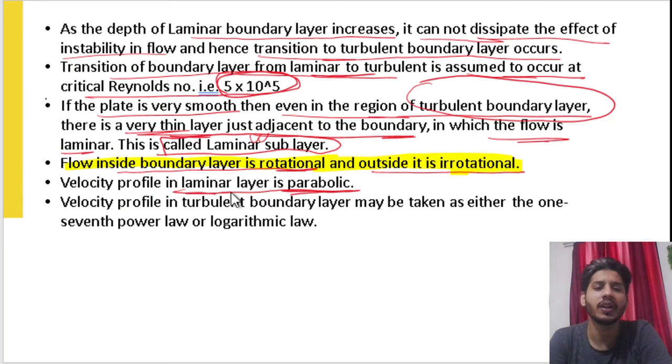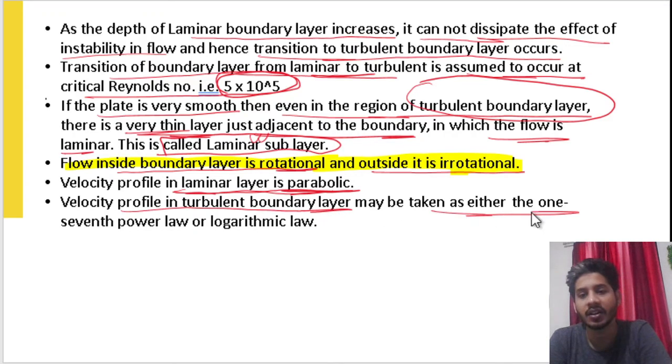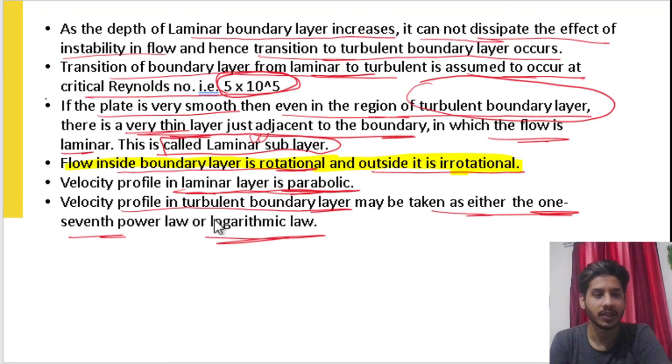The velocity profile in the turbulent boundary layer may be taken as either the 1/7 power law or logarithmic. What is the 1/7 power law? I will tell you.